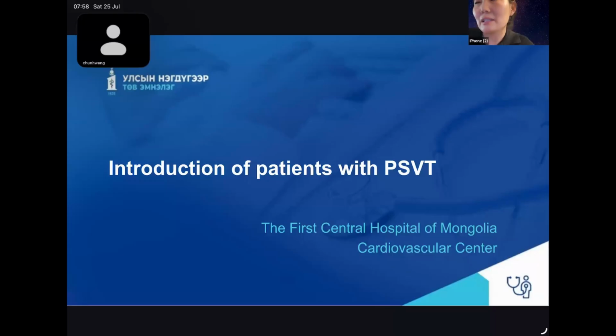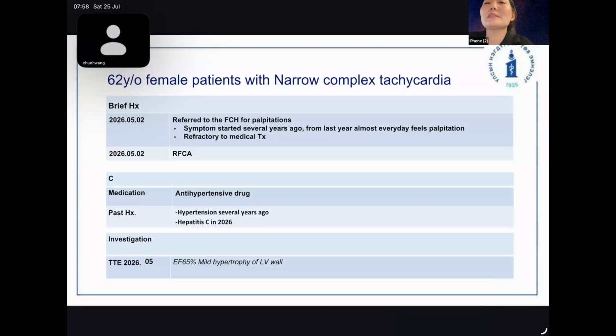Today in the conference I will introduce a PSVT case. A 62-year-old female patient came to the emergency department of our hospital with narrow complex tachycardia. She first came in March of 2026. Her symptoms started several years ago.